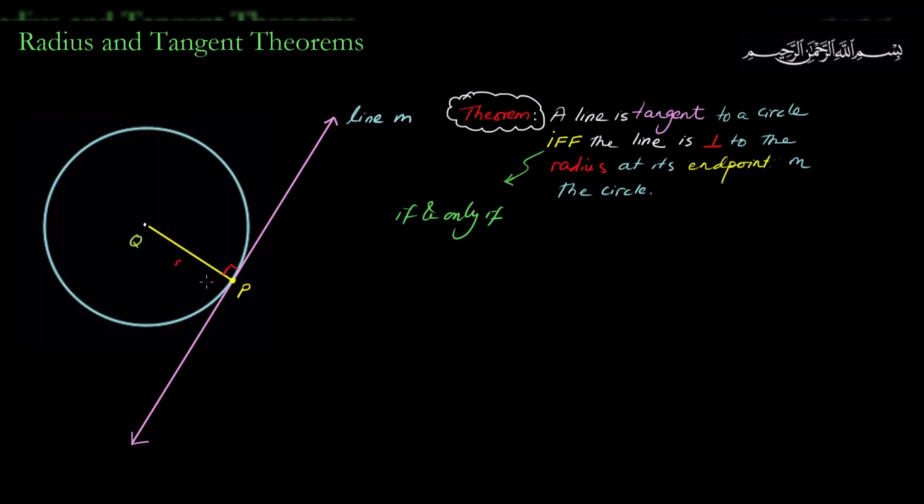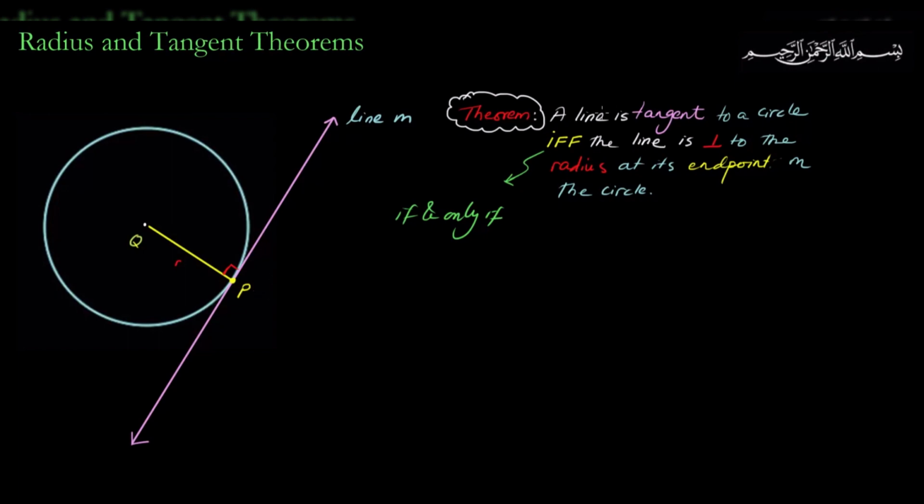And if this line is perpendicular to this radius right here, then it will be a tangent. So how do you know a line is tangent to a circle? Well, if at its point of tangency, right here P, you draw out the radius to the point of tangency, and that forms a right angle with the line, that line is tangent.